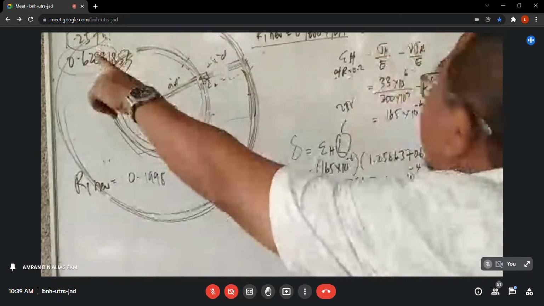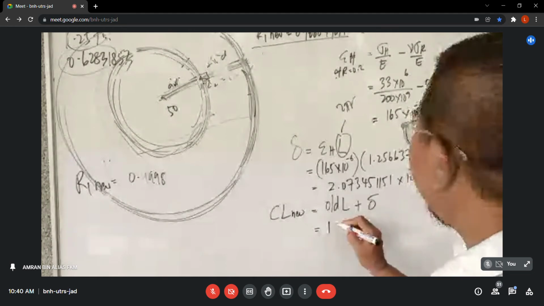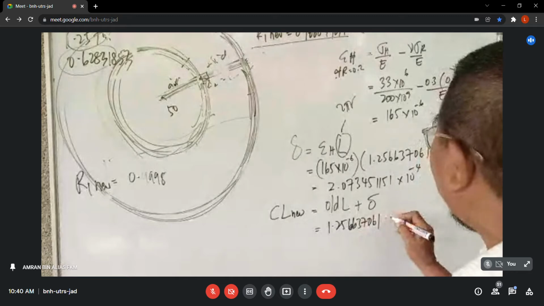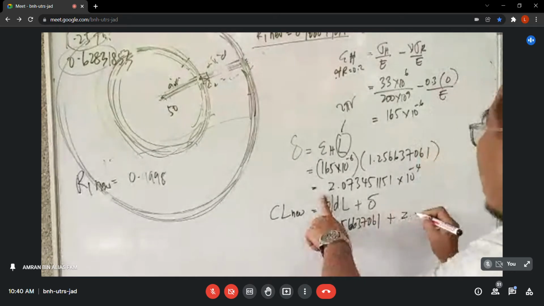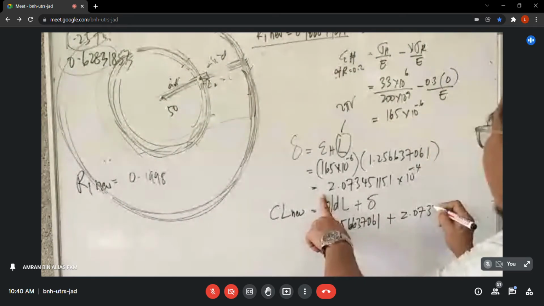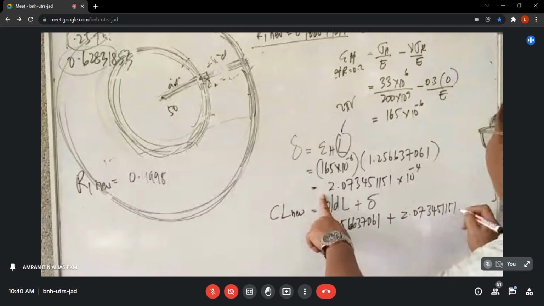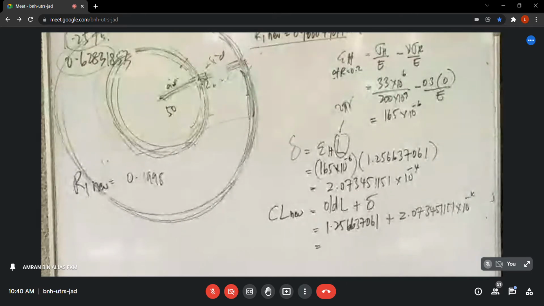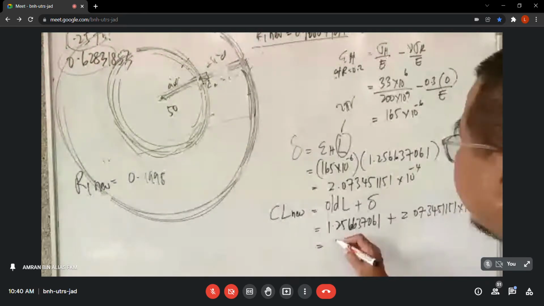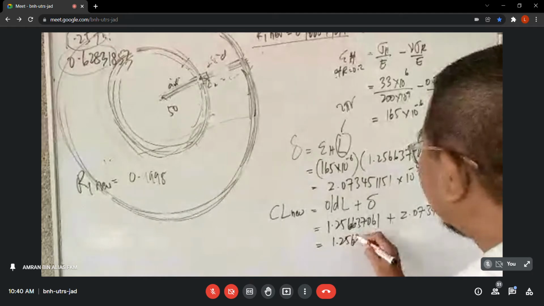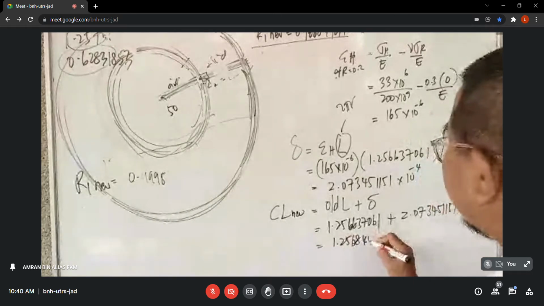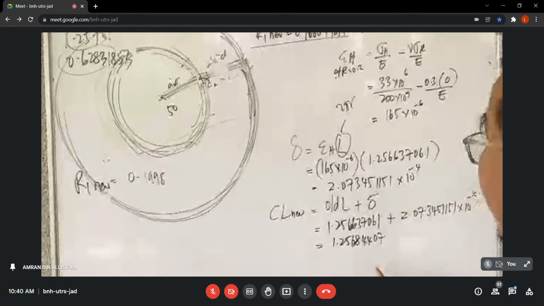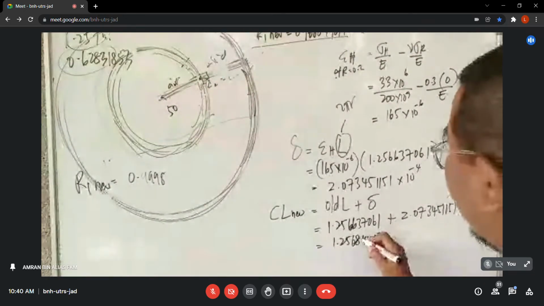The old length is what again? 1.25637 plus delta 2.073451151 times 10 to the power of minus 4. So what is the value there? 1.2568 44407. That's the new circumferential length.